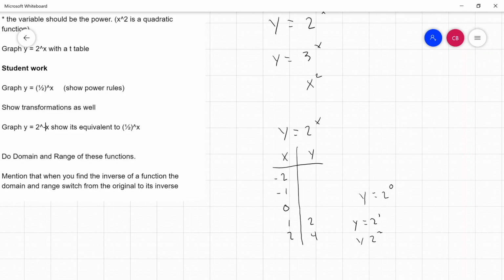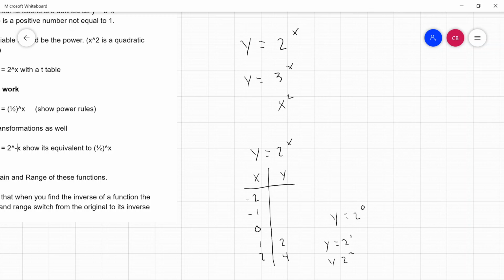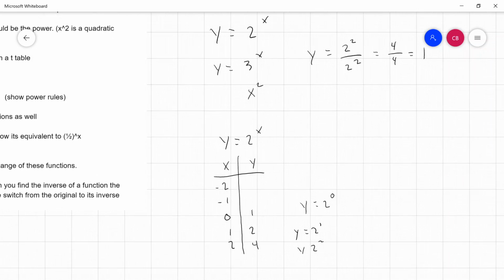Well, let's explain why 2 to the 0 is actually equal to 1 and not 0, because some people confuse that. If you have y equals 2 to the second over 2 to the second, you know that is 4 over 4, which is 1.